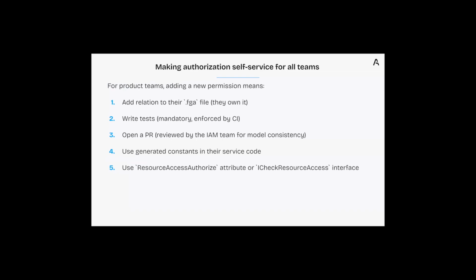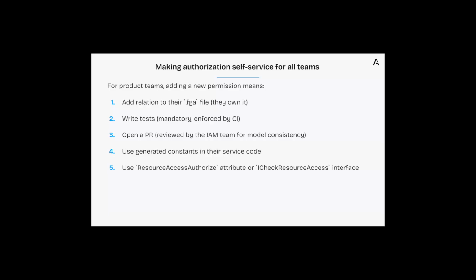What was important for us was to make authorization self-service for all teams. We have 15 or more teams, 15, 16, I don't remember. This is what makes it scale organizationally. Teams don't need to be OpenFGA experts.